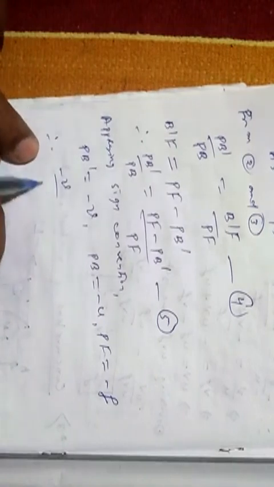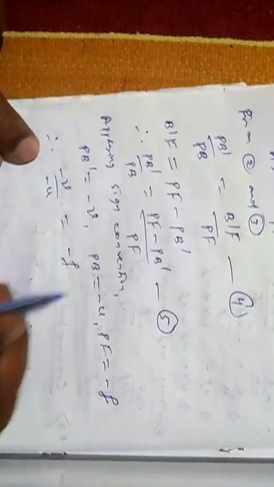So we can write minus V by minus U is equal to minus F minus minus V by minus F. So minus VF is equal to minus UF plus UV, which implies UV is equal to UF minus VF.